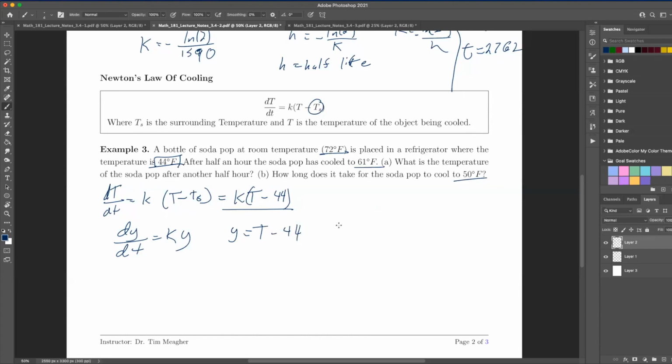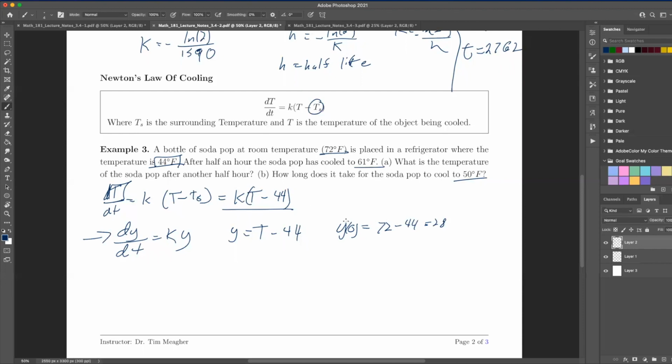So this is what y equals. Our y naught is going to be, so we're just changing variables. Instead of solving for the temperature, we're going to solve for y. Y is going to be T minus 44. And then the initial temperature of 72 says 72 minus 44 is equal to 28. So it's just doing a quick change of variable to get it into the form that we know.